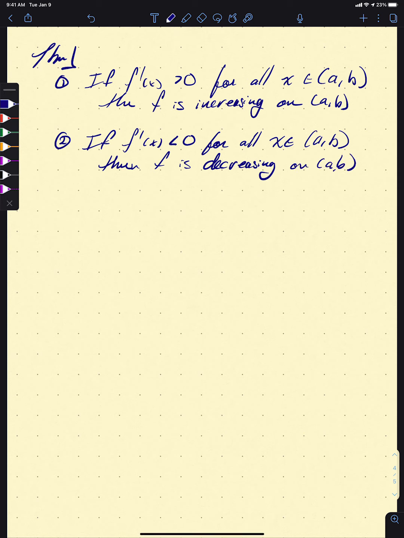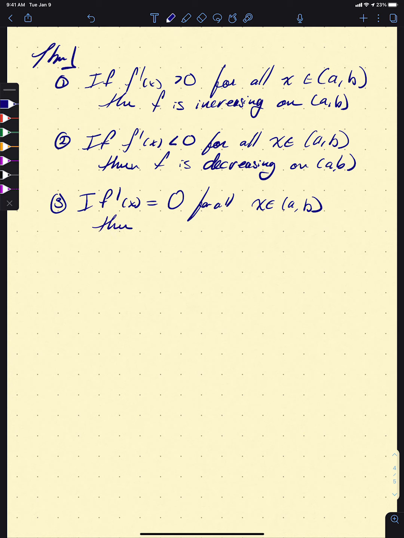But notice here there's a third case. What happens if f prime of x equals 0 for all x in some interval?